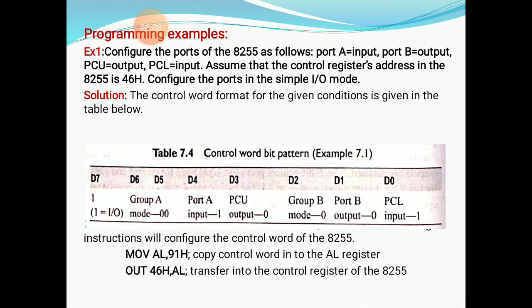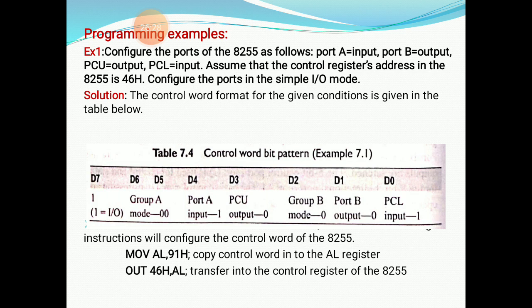The D0 bit belongs to the direction of port C lower. Here port C lower is used as an input port, so the D0 bit becomes 1. According to the given example, the binary pattern of the control word is 1 0 0 1 0 0 0 1, equal to 91H.